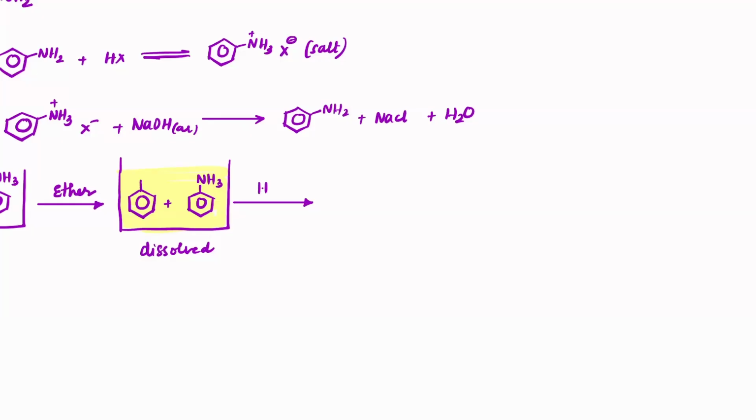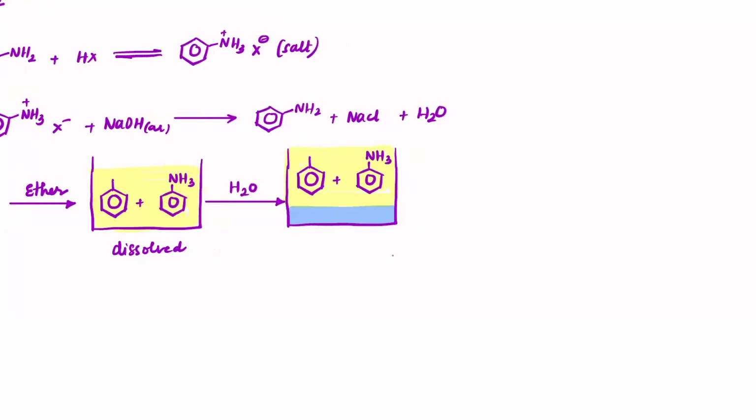On adding H2O, you will get one layer of water at the bottom, so you have this aqueous layer here. And then we have an ether layer on top in which these two are dissolved.